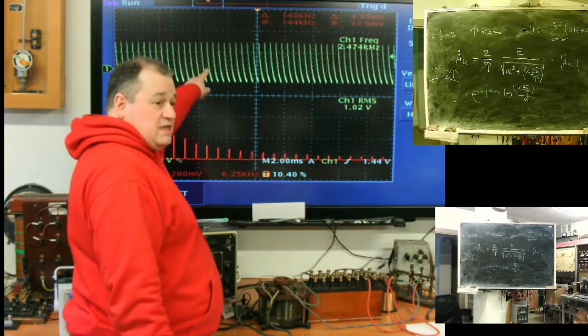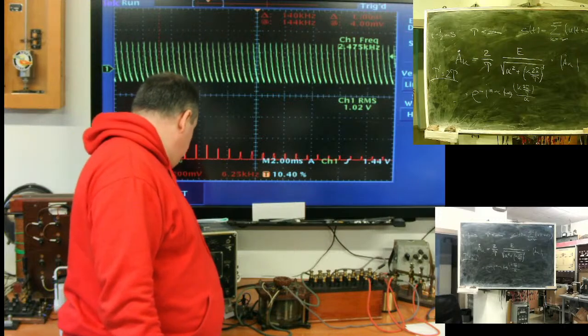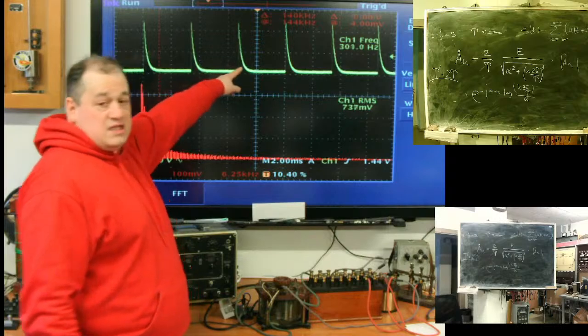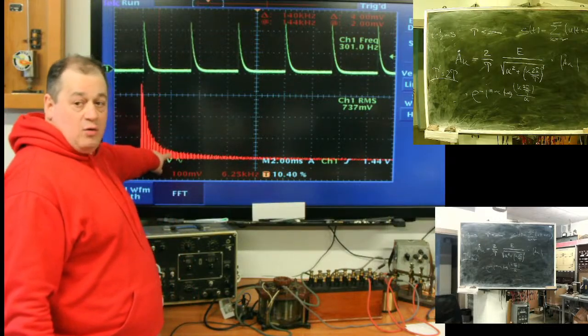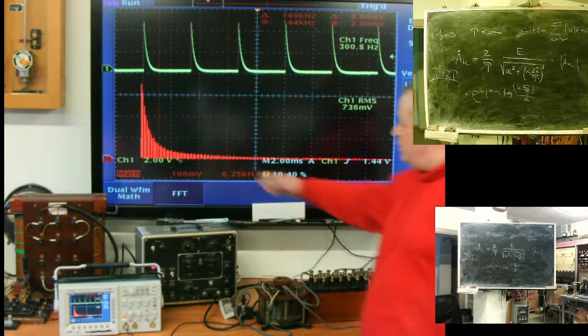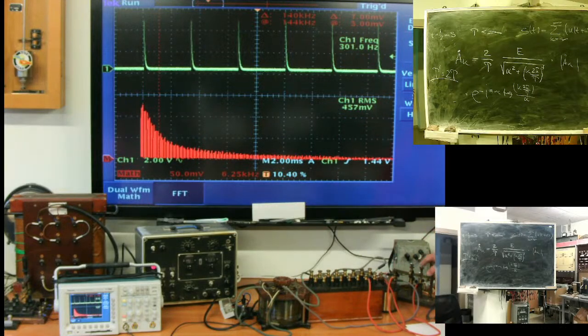Shorter distance in time, higher distance in frequency. Longer distance in time, spectral lines are closer. Slow changes, short spectrum. Fast changes, wider spectrum.